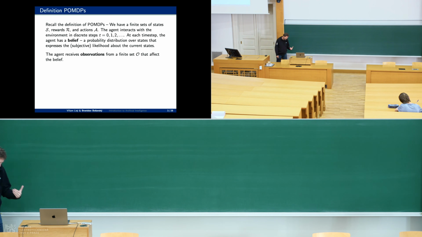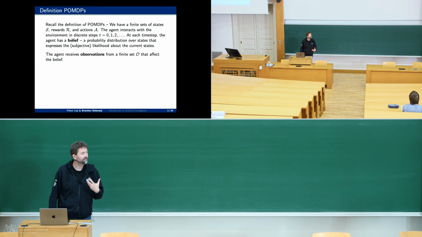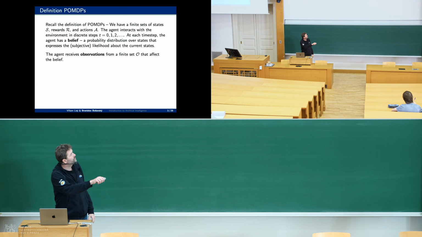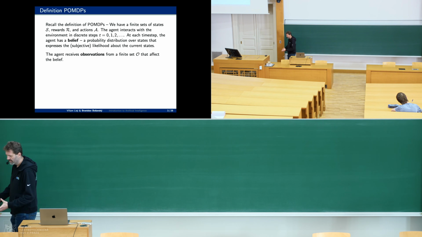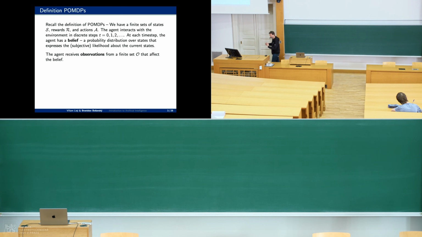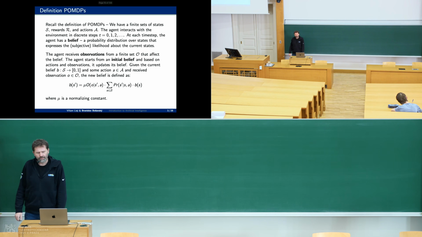And the agent updates and refines its beliefs based on observations, right? So we have some finite set of possible observations that the agent can receive, and based on the action and our prior belief, we can get some observation and then update the belief of the agent.